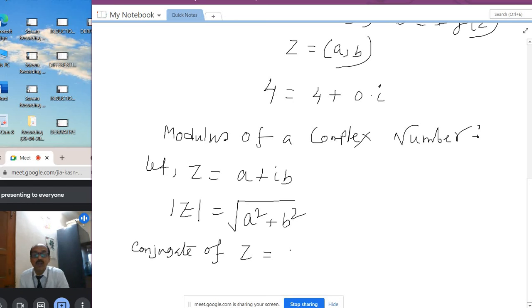The conjugate of z is written z bar, and z bar equals a minus ib. So the imaginary sign will be changed. When the question is to find its conjugate, then the imaginary sign will be changed. So z is equal to a plus ib, any complex number, and its conjugate equals a minus ib. The imaginary sign in z is plus, so it will be minus, a minus ib. That is the conjugate of z.